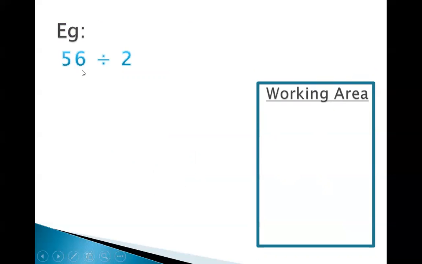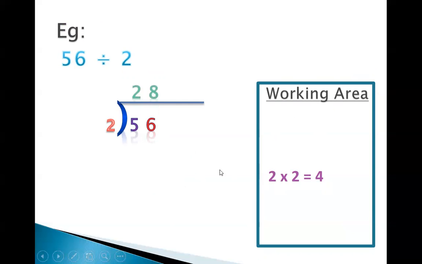Let's go for two-digit division. 56 divided by 2. Now in the 2 times table, first we are going to go for number 5. 2 times 2 equals 4. See here we are going to take 2 times 2 equals 4.